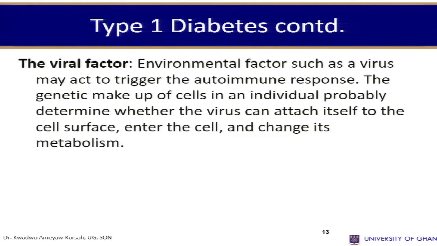Environmental factors such as viruses may also act to trigger the autoimmune response. The genetic makeup of cells in an individual probably determines whether the virus can attach itself to the cell surface, enter the cell, and change its metabolism.